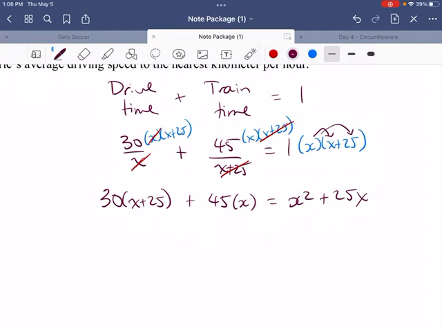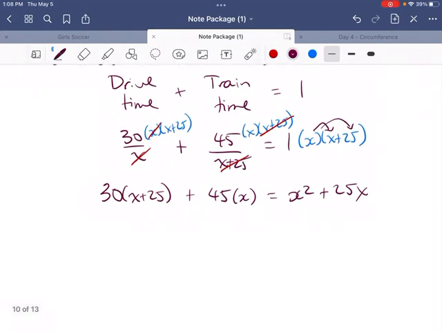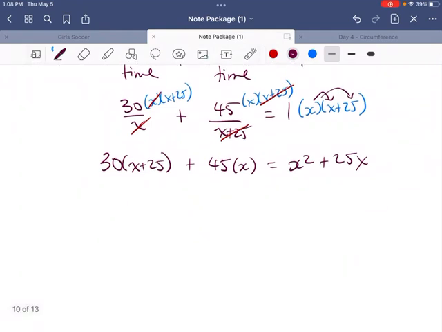Cleaning this up a little bit, we get 30x plus 750 plus 45x is equal to x squared plus 25x. Bringing everything to one side, the side that has the positive x squared, we get 0 is equal to x squared minus 50x minus 750.